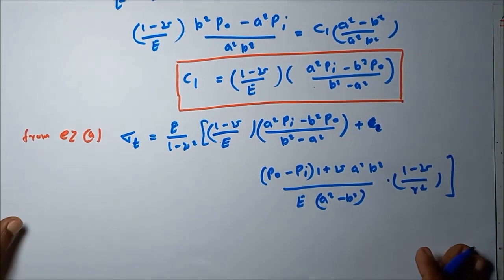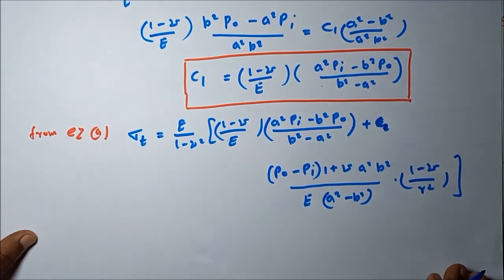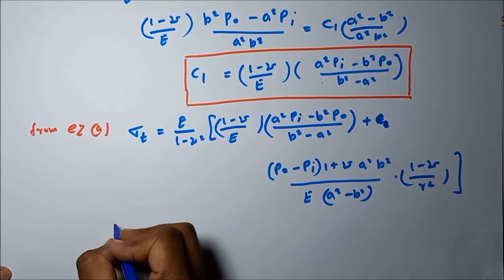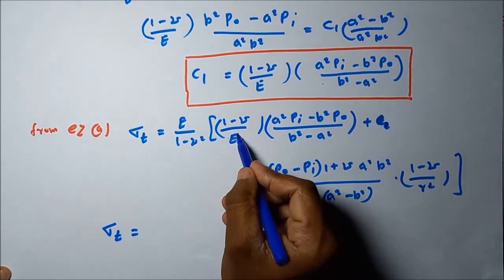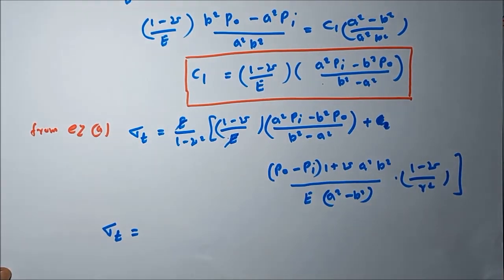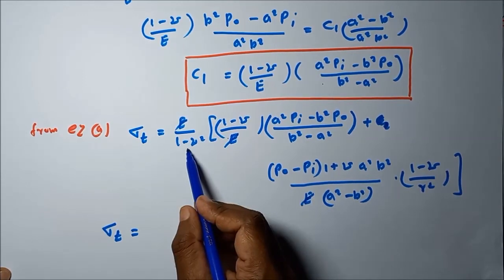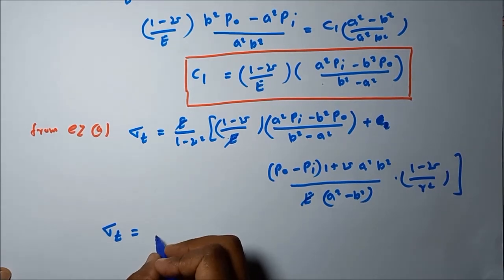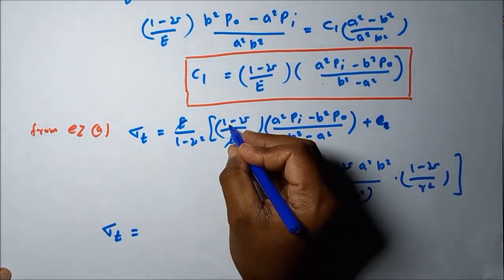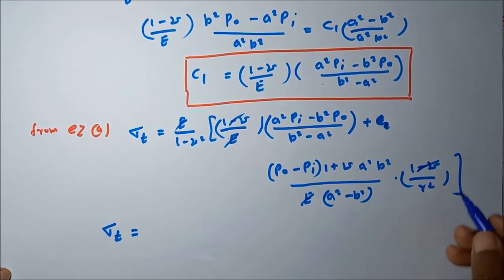We can further simplify this equation. In the sigma t equation, we can cut this one. Here only 1 plus nu remains. You can cut this one also, then we are left with 1 plus nu.